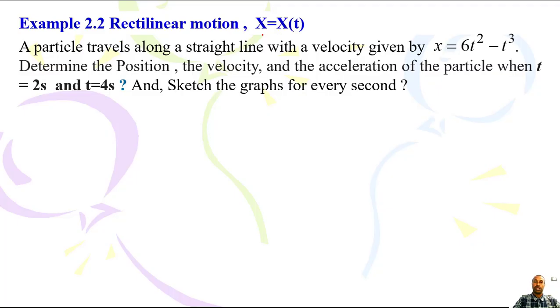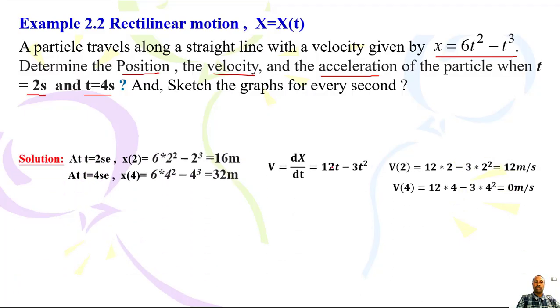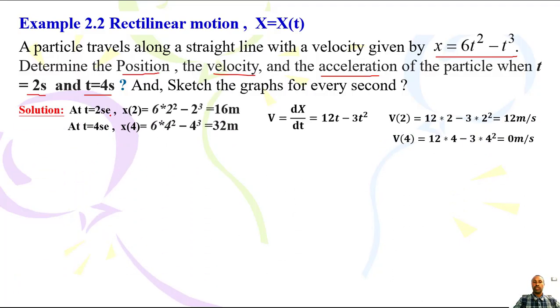Okay, the second problem is rectilinear motion. If the distance is given by x of t, which is this one, as a function of time, determine the position, the velocity, and the acceleration of a particle when t is equal to 2 seconds and 4 seconds, and sketch the graphs for every second. Now let us see. At t equals 2 seconds, you simply substitute x of 2. You get 16 meter.